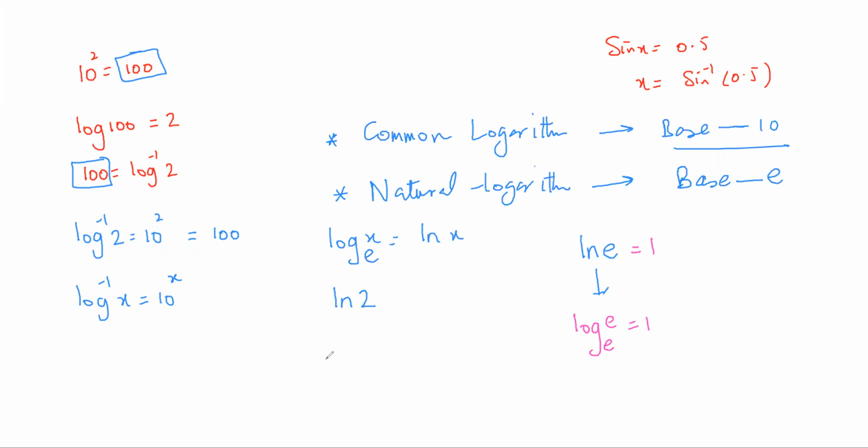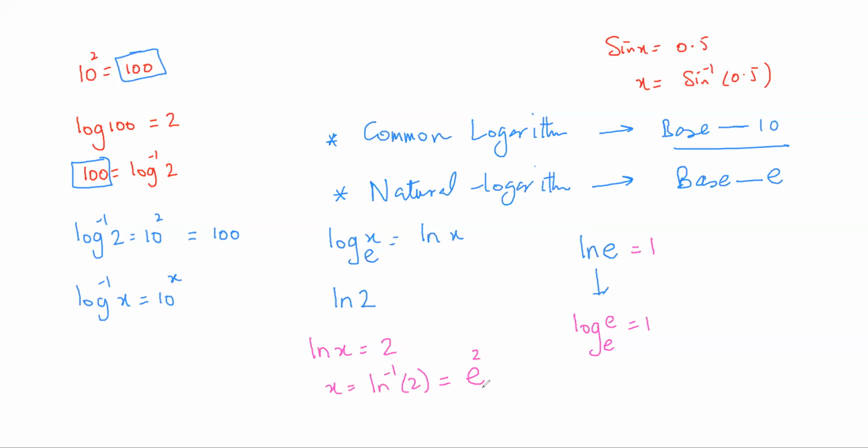Now, if you have ln x equal to 2, and you write x equal to ln inverse of 2, you will see that your calculator shows e squared. Just press shift ln 2 in your calculator, and you will see e squared appearing there.